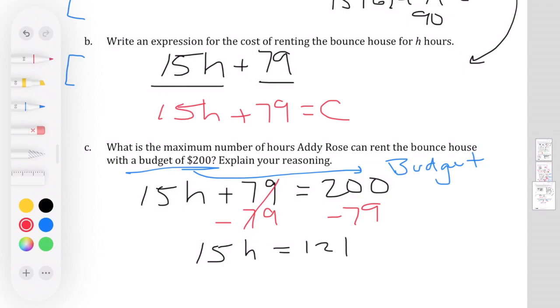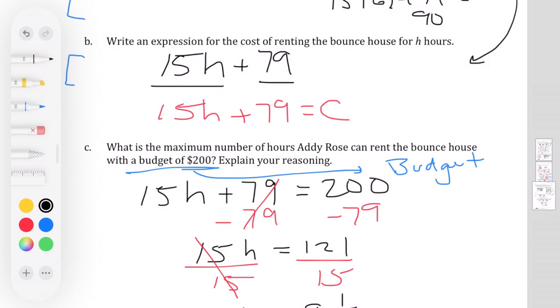And then we need to go ahead and divide both sides by 15 to figure out how many hours we could actually rent this bounce house for. And we get h equals 8 1/15.